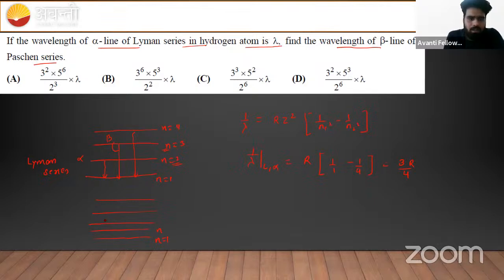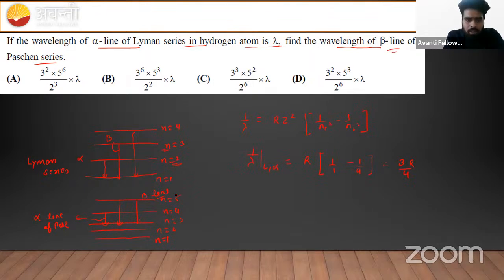So this is our Paschen series. If energy is incident from n equal to 4 to n equal to 3, this is the alpha line of the Paschen series. If it is incident from n equal to 5 to n equal to 3, this is known as the beta line. Here it is asked about the beta line of the Paschen series.